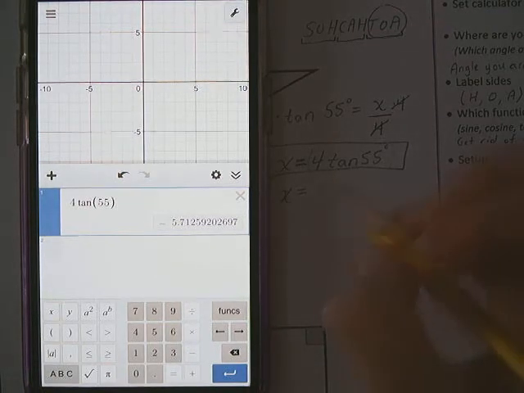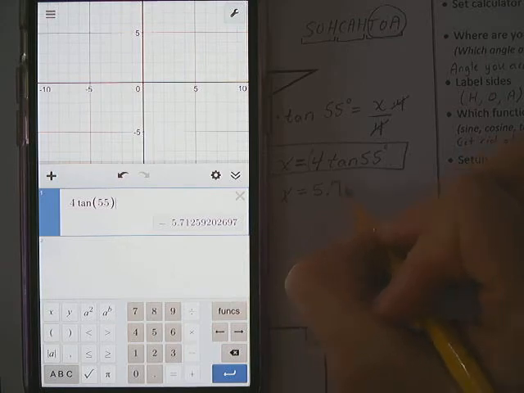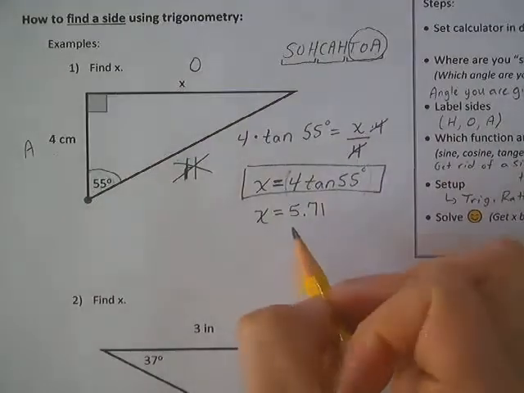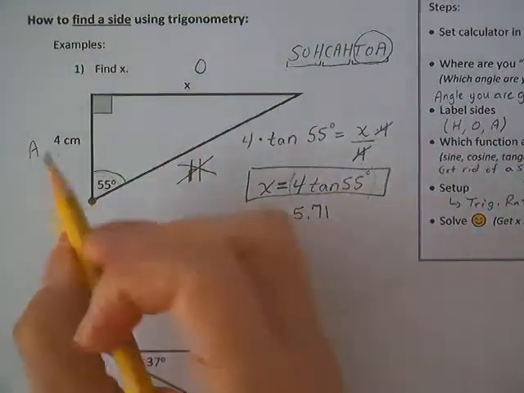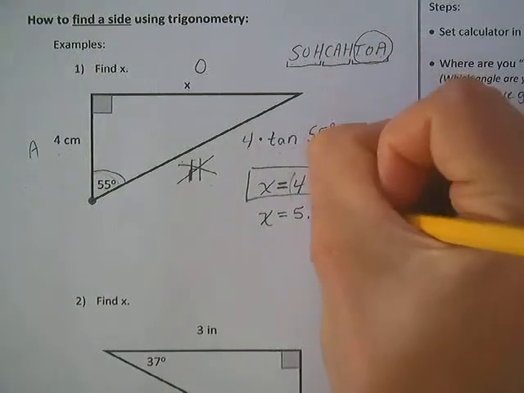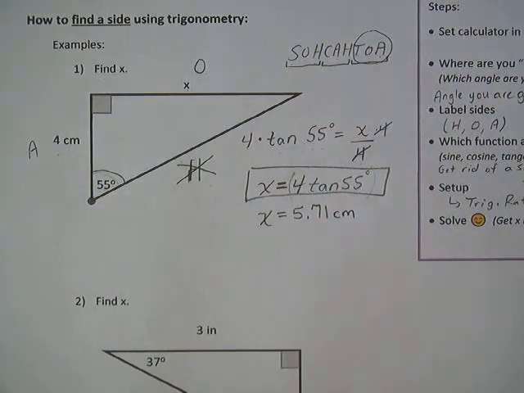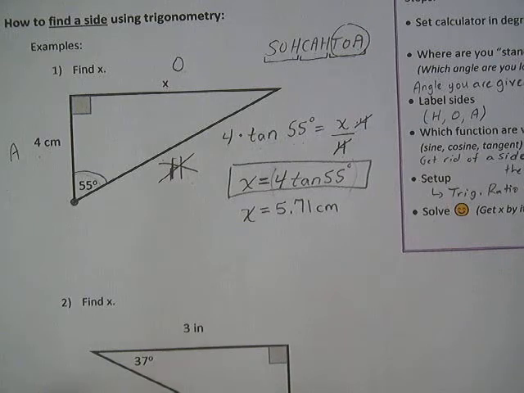So your answer will end up being 5.71. All right. And so that is actually the length of that side. And so notice the lengths of the sides were in centimeters. So that side has a length of 5.71 centimeters. All right. So that is how you set it up and how you actually solve.